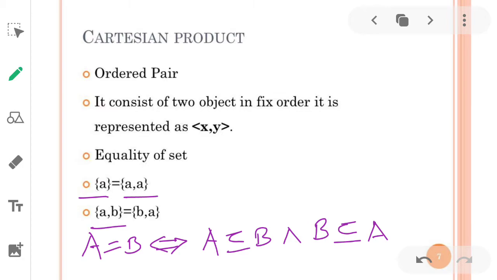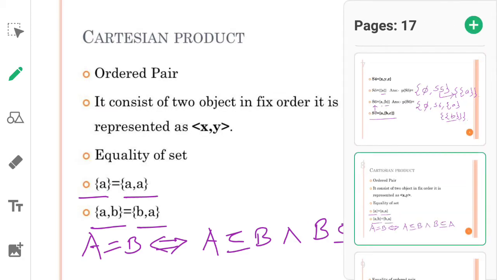Next, here also {A, B} and {B, A} are both subsets of each other. So in case of equality of set, the number of repeated elements and the order of elements do not matter. We just check the relationship as subset.